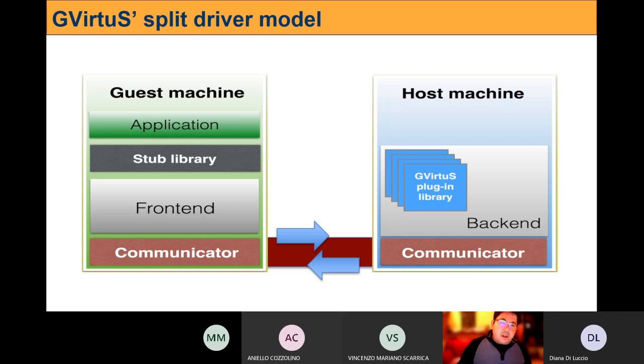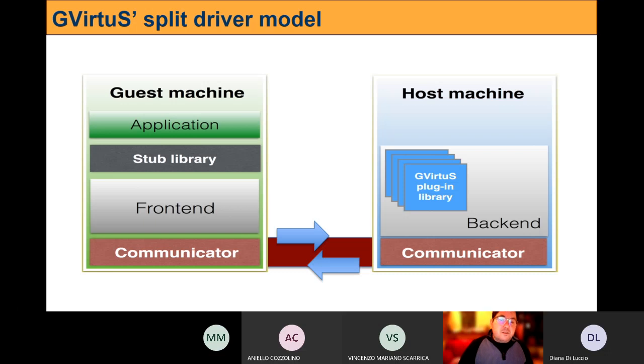It works in this way. I have the application. The application invokes stub libraries. Let's say a library that performs the sum of two values. Just a typical example. The library is a system library.